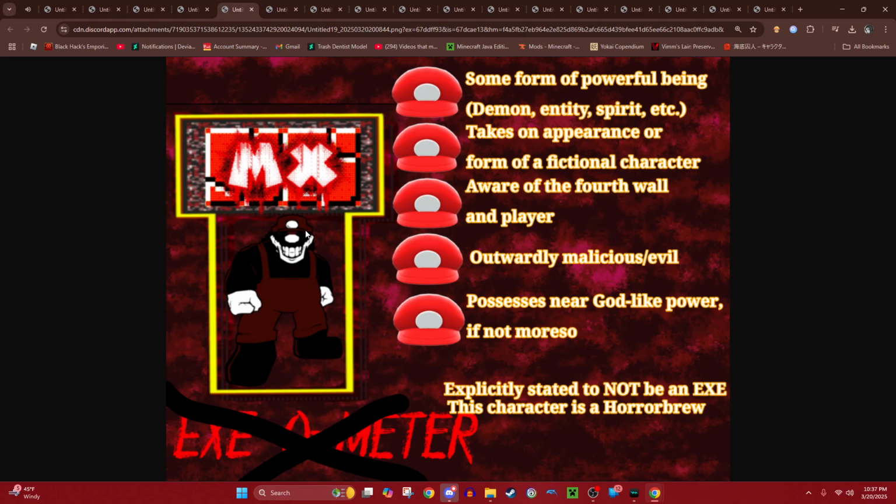Fifth, do they possess near godlike power, if not more so? Listen, MX may have supernatural powers, but he doesn't even need them to be horrifying. He is already so physically strong, so durable, so indestructible.